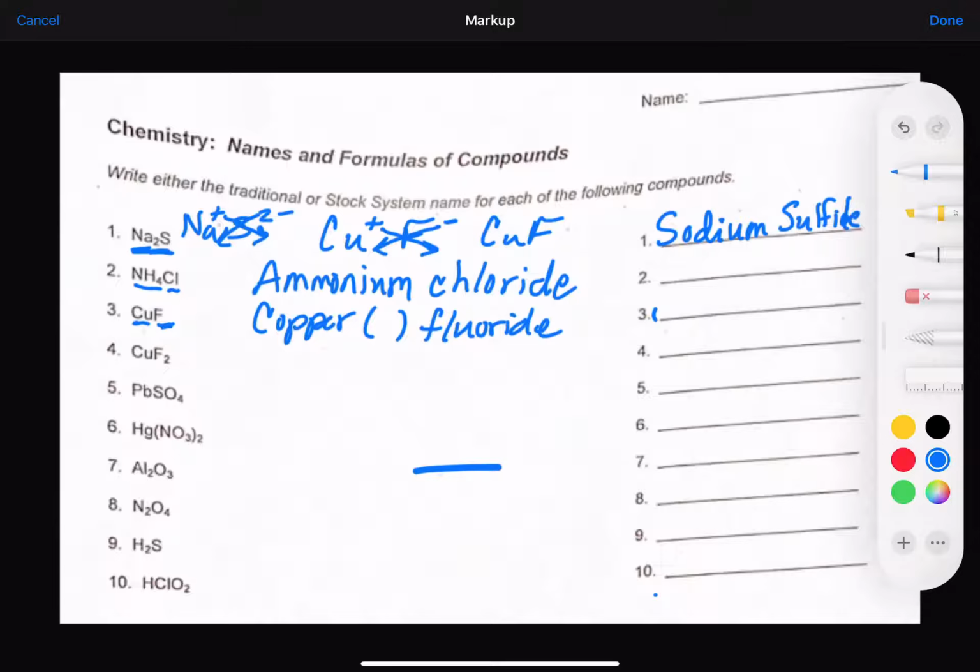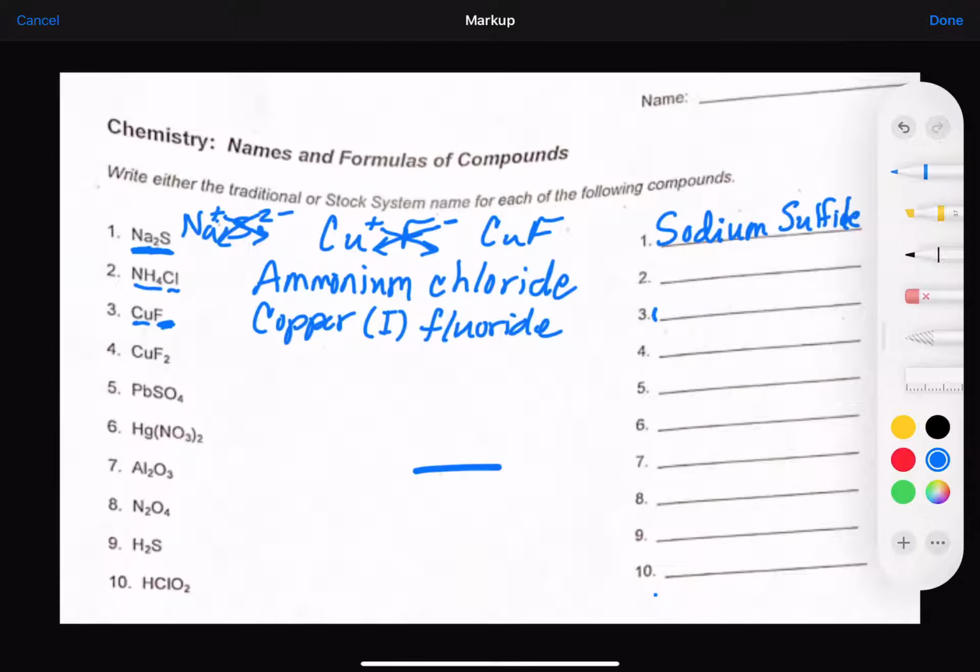So that 2 goes by sodium, and that 1 goes by sulfur. That's why the compound is Na2S. It will always form that ratio when sodium and sulfur bond together. So we know that copper is a +1 because there's no subscript by fluorine, so we put a Roman numeral 1. So you can go like this if you want to.